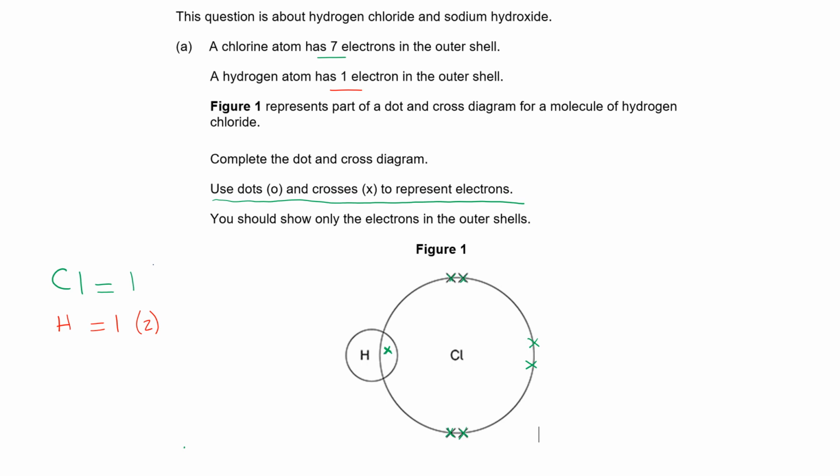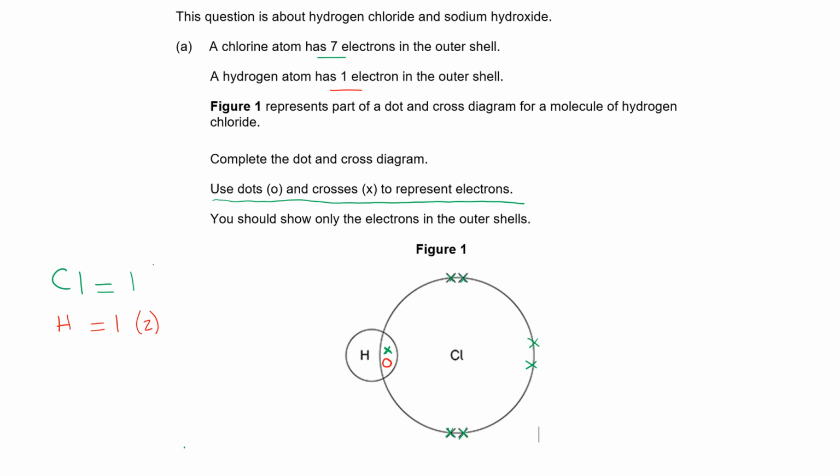And then of course hydrogen just needs one electron that it's going to share from chlorine, which we've already got in there, and we'll go ahead and plot our one electron that hydrogen has. Don't forget to do it as a dot, and then we've shown our covalent bond.